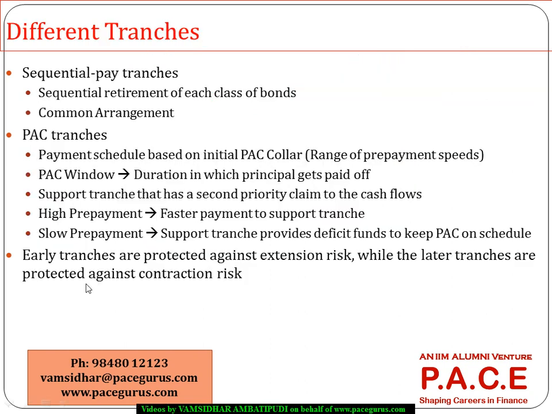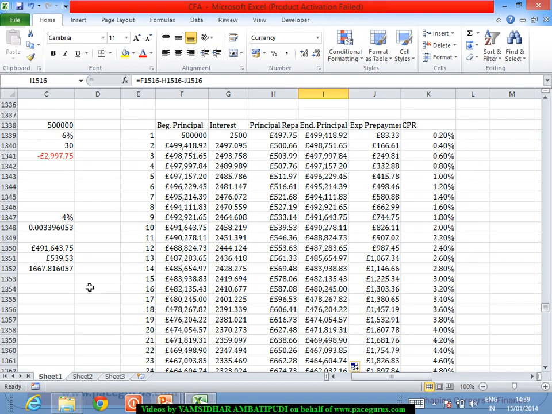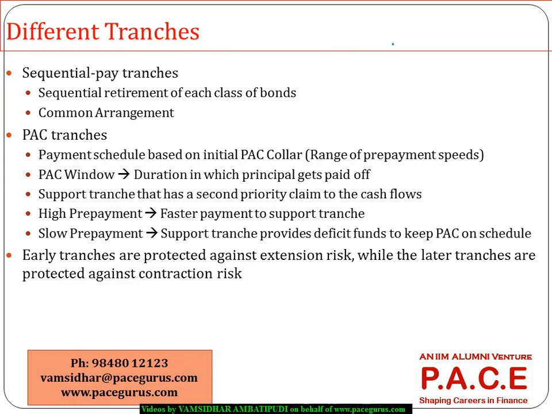Now we will look at the sequential pay tranche. So when I am talking about the sequential pay tranche, I'll take the same example. Let's say we have started off with 500,000 as a principal. I'll create a CMO out of it, wherein I create two tranches for that principal amount.